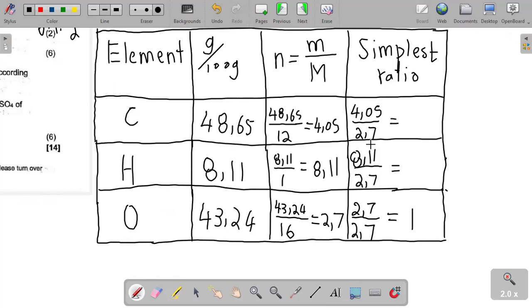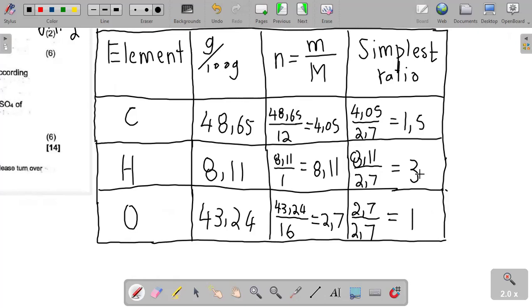This one gives me 1.5, and this one gives me 3.